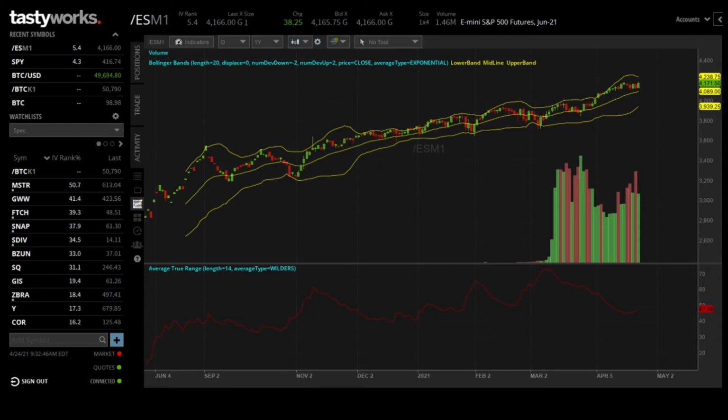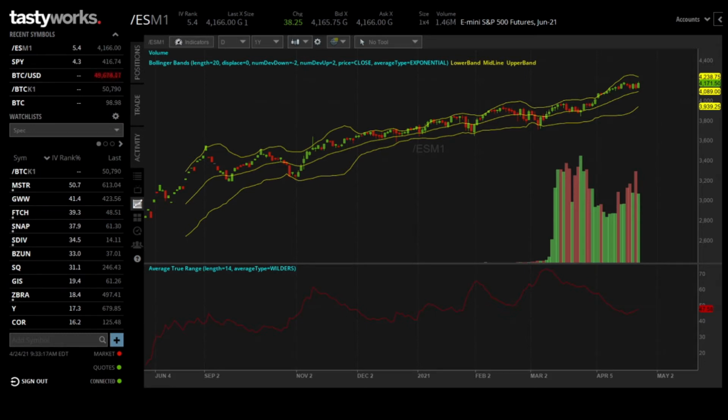And then there's also what they call the tick increments. So it moves by 0.25, and each 0.25 is equal to $12.50. So if you multiply the 0.25 by 4, that gives you a full point, and if you multiply the $12.50 by 4, that gives you $50. So it takes a while to get used to.